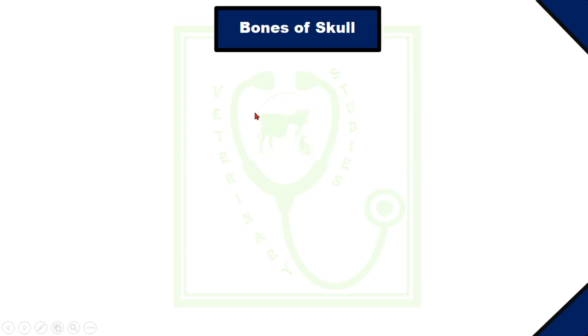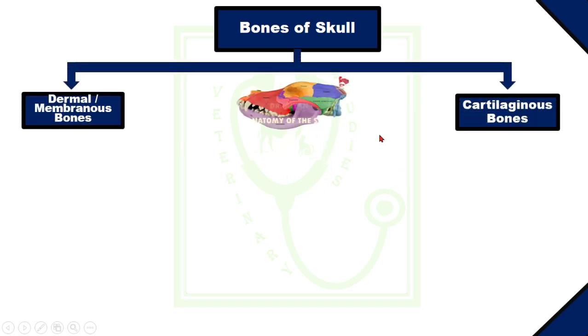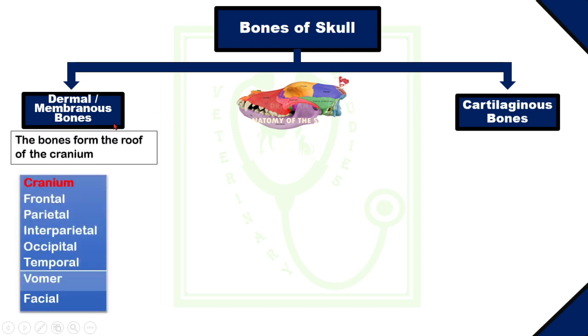Bones of a skull can also be divided into two types on the basis of their development: dermal bones and cartilaginous bones. The bones which are developed from membranes are called dermal or membranous bones, and the bones which are developed from cartilaginous tissue are called cartilaginous bones. Dermal bones form the roof of the cranium.